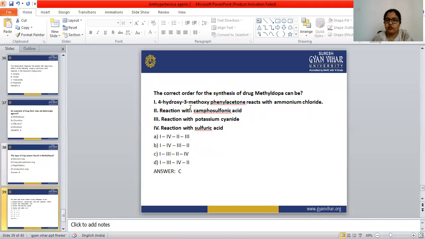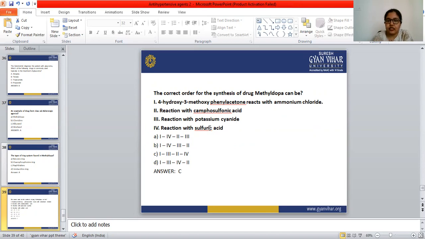The correct order for the synthesis of methyldopa: first we take 4-hydroxy-3-methoxyphenylacetone, which is reacted with ammonium chloride, then with potassium cyanide.